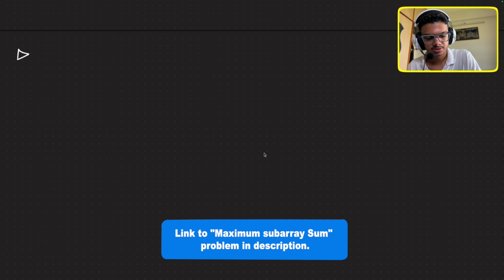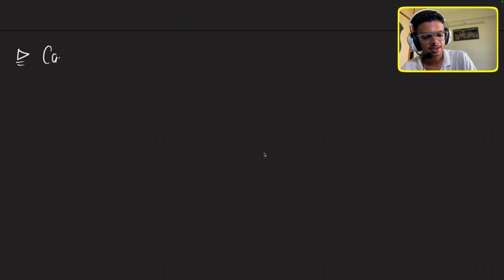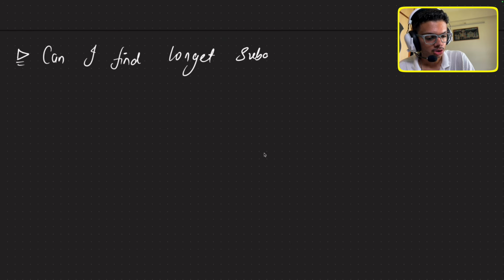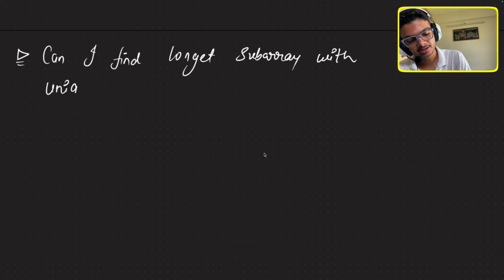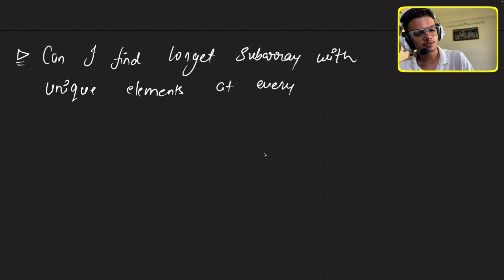If we cannot do brute force, then what? Now, if you've watched that maximum subarray sum question, the next idea that can come to your mind is, can I find the longest subarray with unique elements at every possible index, where j belongs to 1 to n?